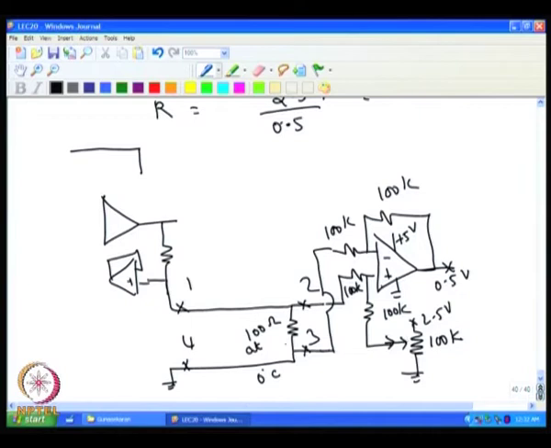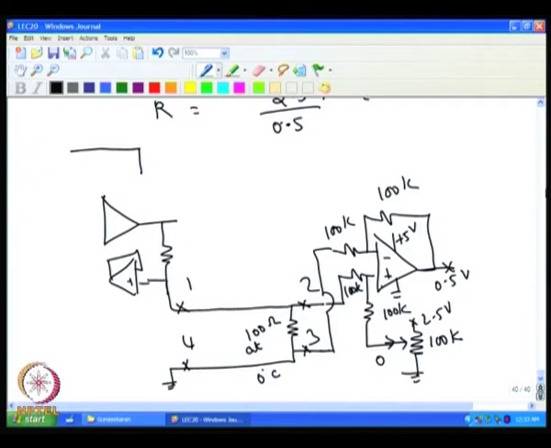For example, if the difference is 0.5 volt here, because this is 0, this will be 0.5, and if this is kept at 0, then you will get 0.5 volt. So, if I keep it at 1 volt, then the output will also be added to 1 volt.